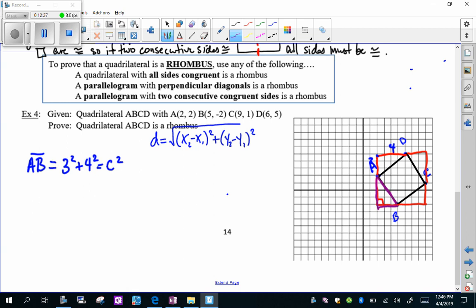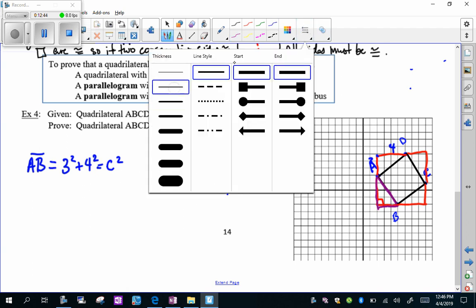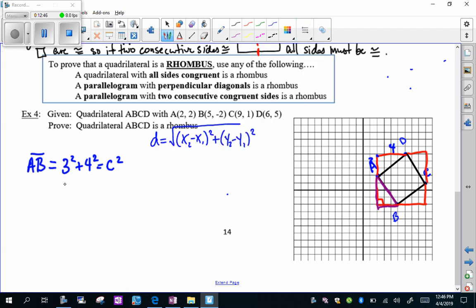So I can use the Pythagorean theorem. So I know that 3 squared is 9, 4 squared is 16, equals c squared. I get 25 equals c squared, and 5 equals c. Now, I know some of you out there are going, Mr. Dixon, isn't that just a 3, 4, 5 triangle? And the answer is yes, it is.